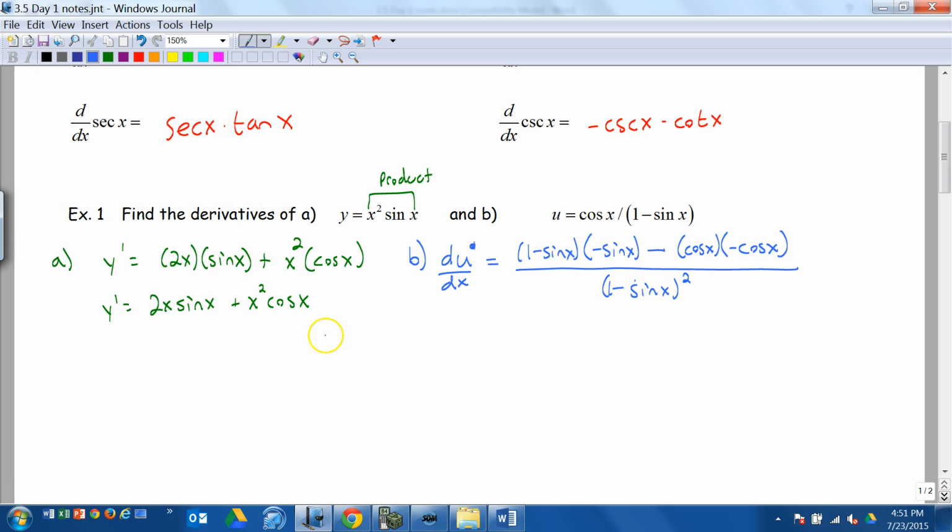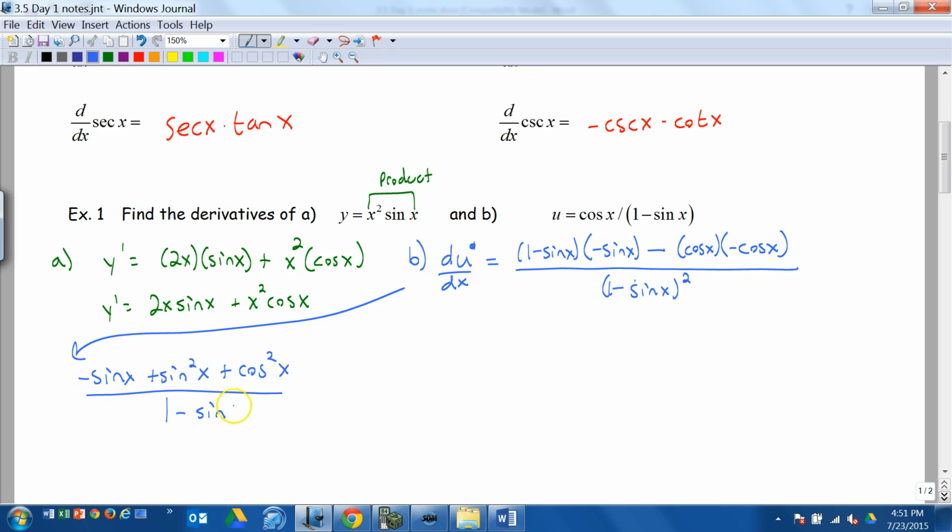We get negative sine of x plus sine squared, minus, or actually it'll become a plus cosine squared, all over 1 minus sine of x squared.